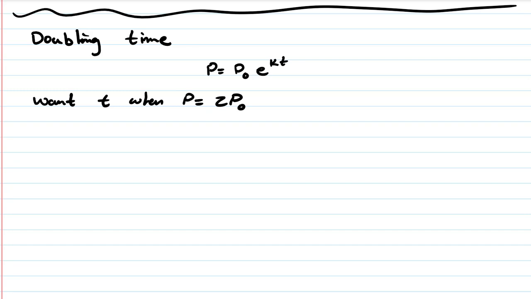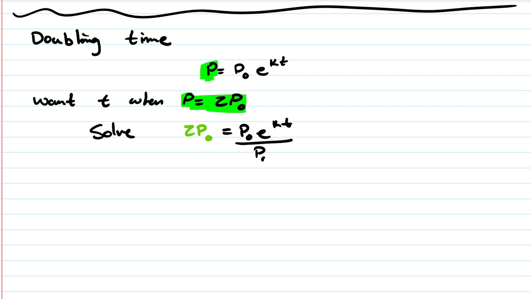That means we need to solve the following equation. If P is equal to 2P naught, we're going to have 2P naught is equal to P naught e to the kt. If we divide by P naught, we end up with 2 equals e to the kt.